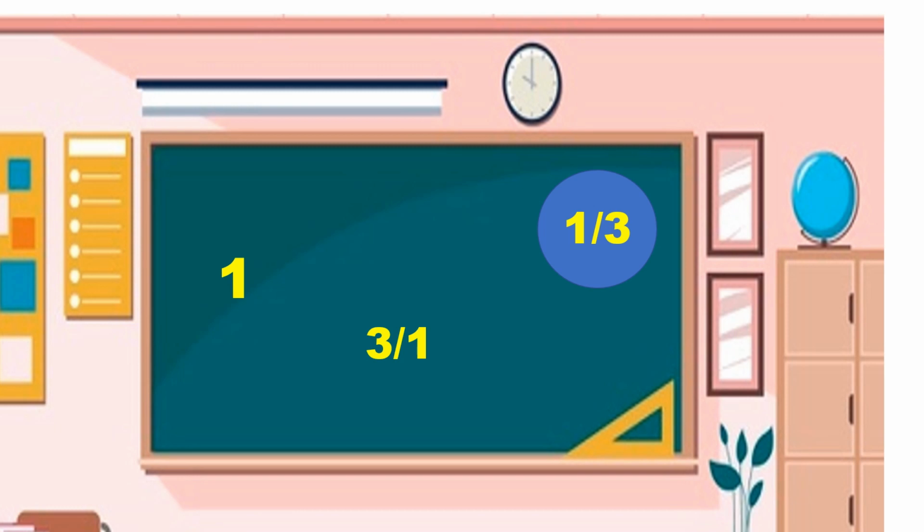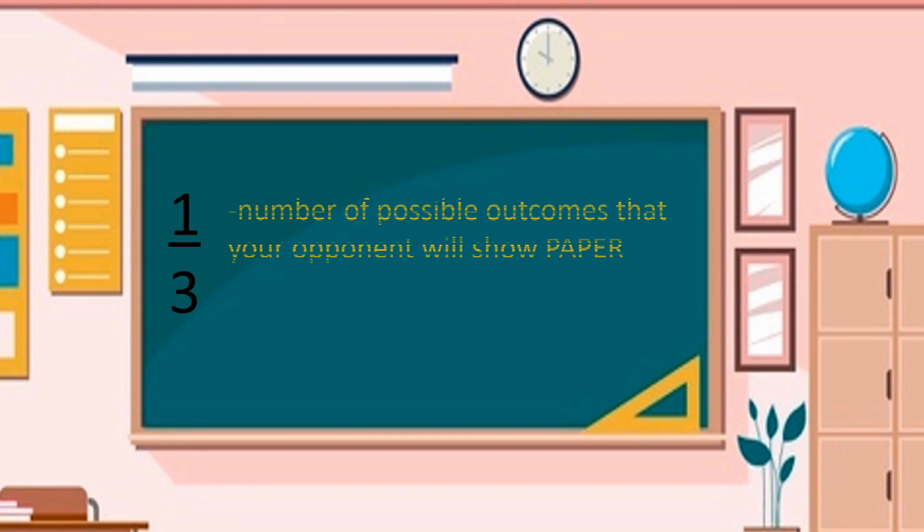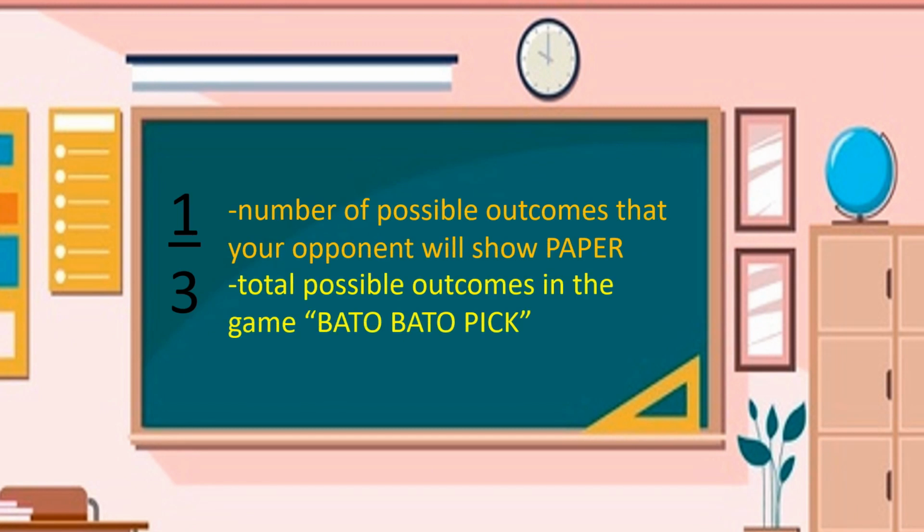Okay, what is 1 and what is 3? That's right. 1 is the number of possible outcomes that your opponent will show paper, and 3 is the total possible outcomes in the game Bato Bato Pick. Wow, great job! We solved another probability.